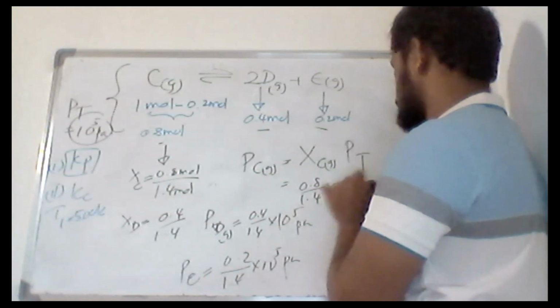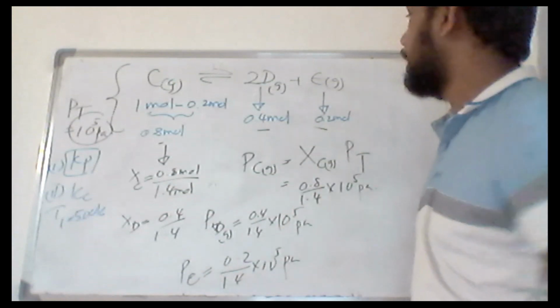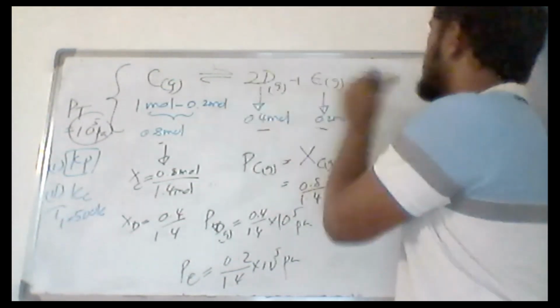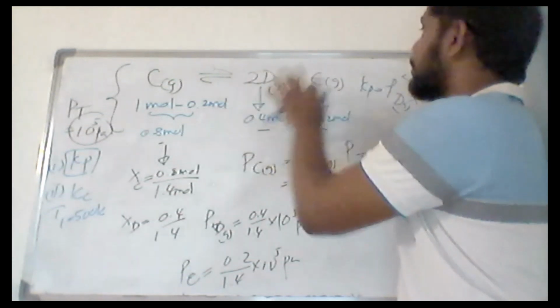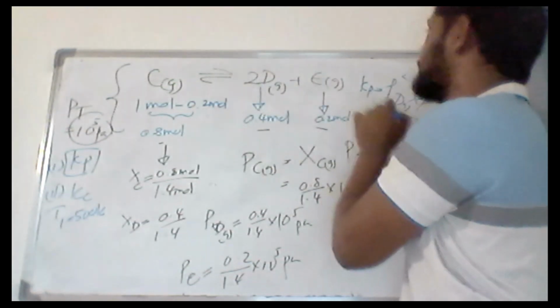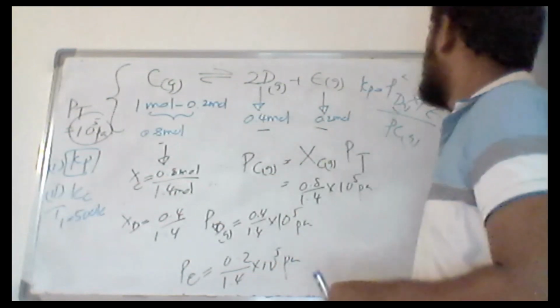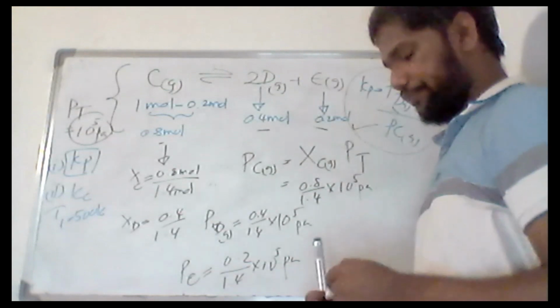All these are in pascals, right? Then you need to find Kp. So Kp is equal to partial pressure of D gas to the power of 2, times partial pressure of E gas, over partial pressure of C gas. So you know all these and you can find Kp.